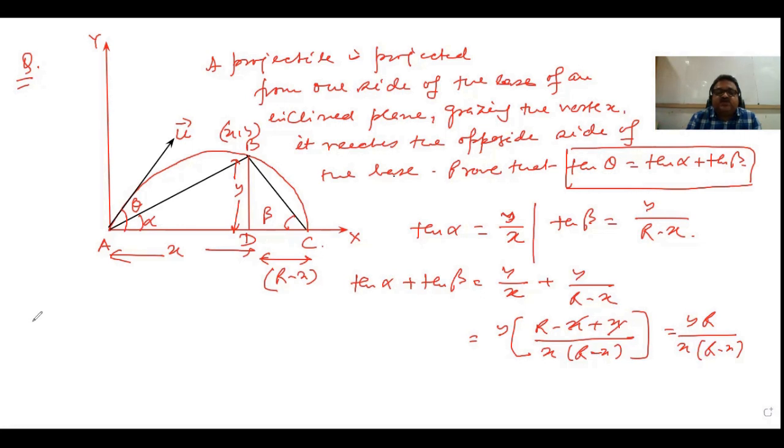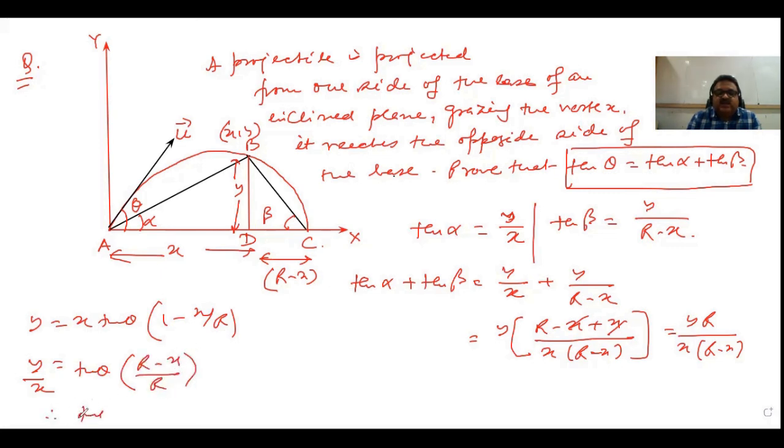Now what we know from the equation of trajectory, y equals x tan theta times 1 minus x by R. Let's simplify this. y by x equals tan theta times R minus x by R, which gives tan theta equal to Ry divided by x into R minus x. So this is equal to tan theta. Proved. It's an important application of the equation of trajectory.